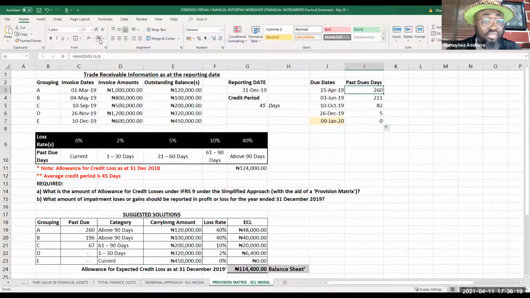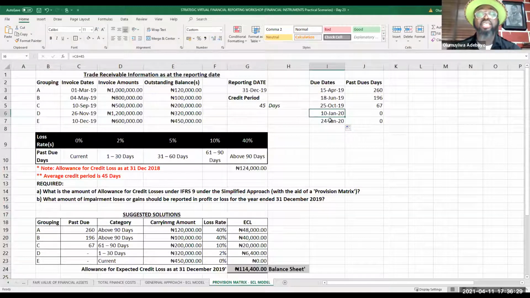You can see that it gave me the same thing. This is not past due because it's January now. You understand? And that's why you need to model so that it can be dynamic in nature.